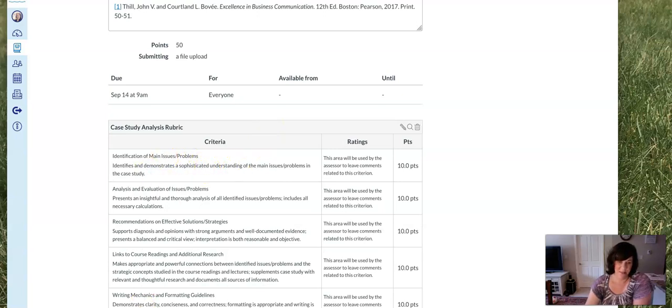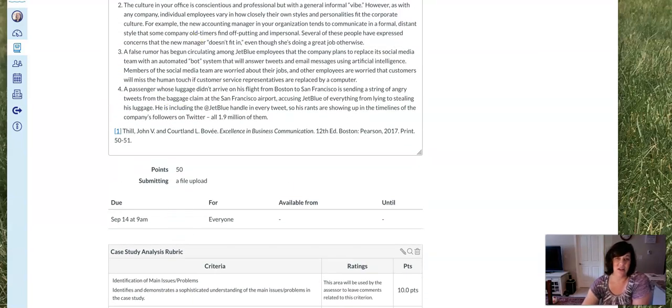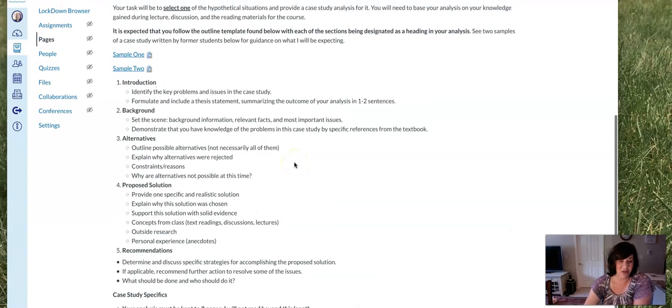I have 5 criteria: identification of main issue, analysis and evaluation of the issue and problem, recommendation, links to course readings and additional research, and writing mechanics. So follow all of these guidelines and you will surely write a very successful and informative case study.